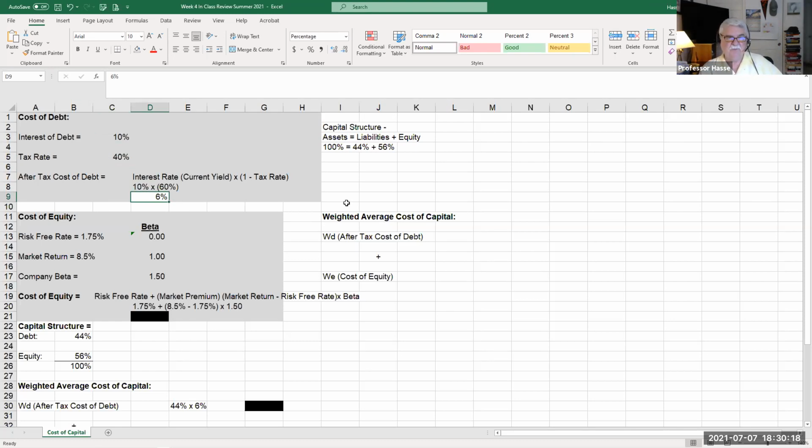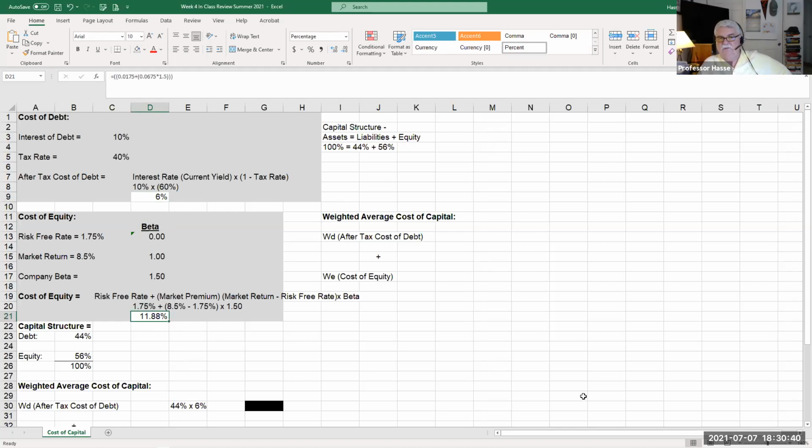And as you determined in your case number 1, and all of you did a great job on this, the capital asset pricing model determines the cost of equity, which is what the investors demand as a required rate of return for the company based on the risk in the market.